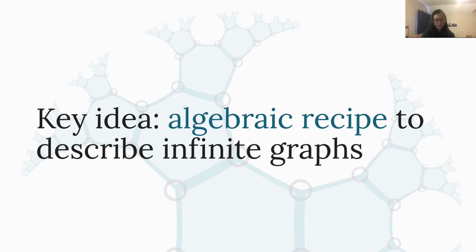The first obstacle is how do we even concisely represent the infinite graph that we're trying to approximate? So the first step is to come up with some way to represent the infinite graphs. The way we're going to do it is to have an algebraic recipe that represents all of these infinite graphs. The idea of using this representation is from the Bonhoff-Collins paper.